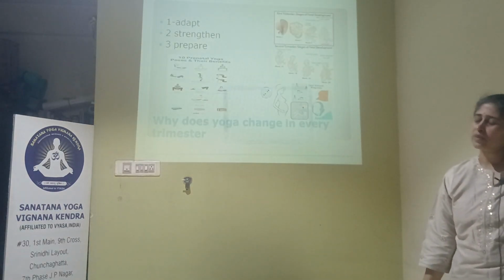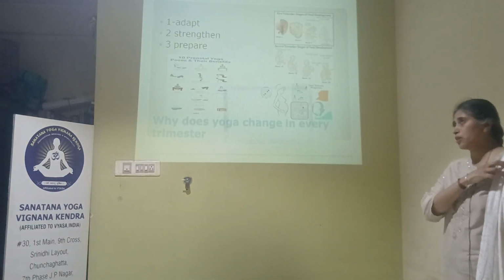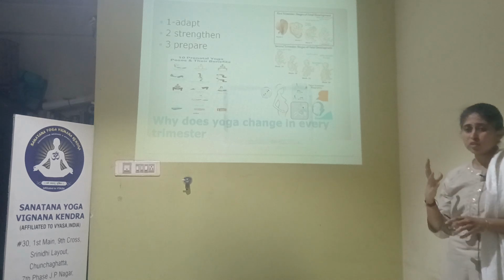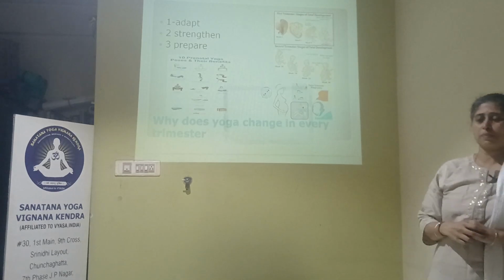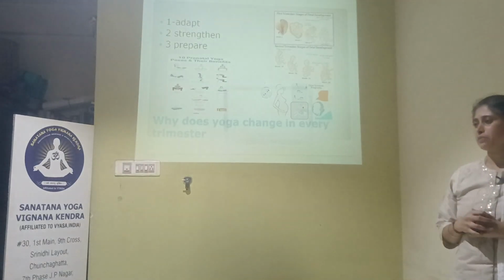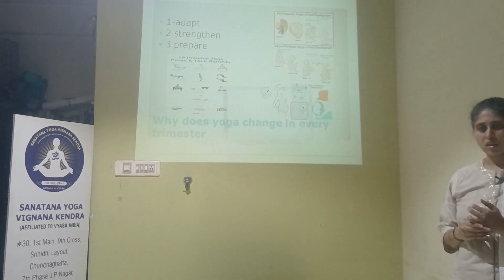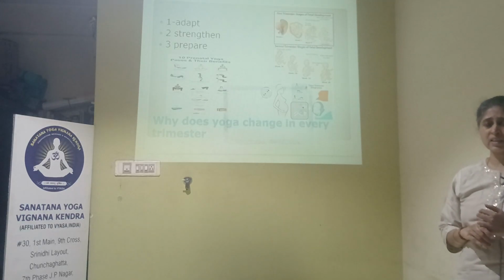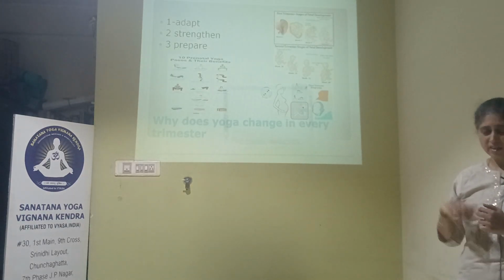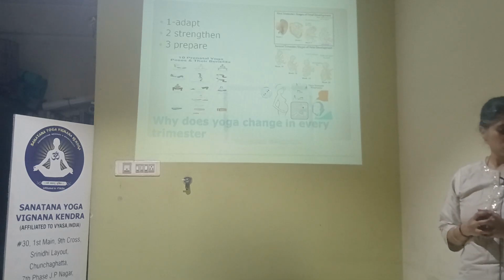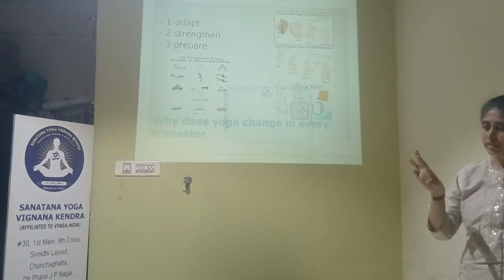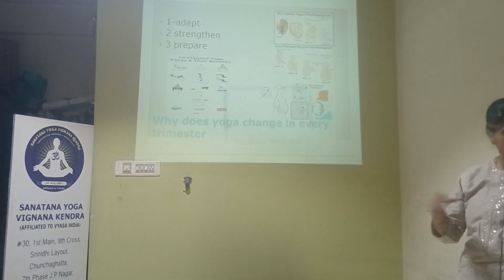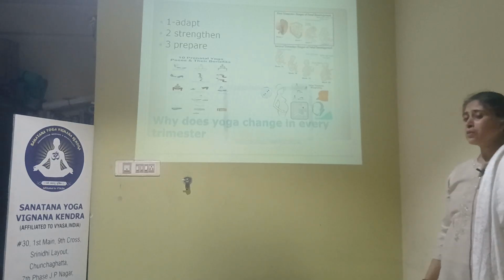So in the first 3 months, the objective is for the mother to adapt to the baby. She experiences nausea and dizziness. She has to undergo so many things. Then in the next trimester it becomes a stable period.